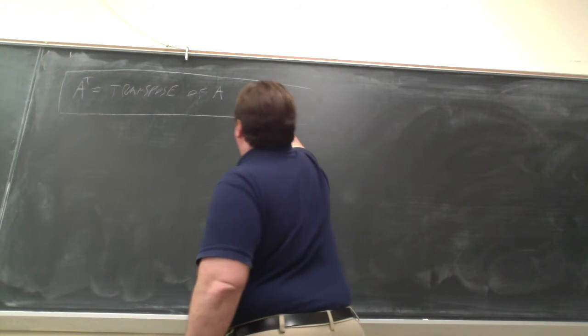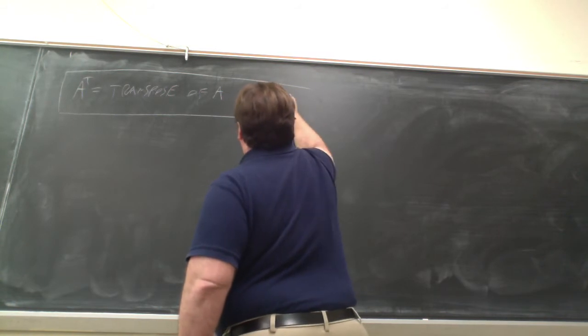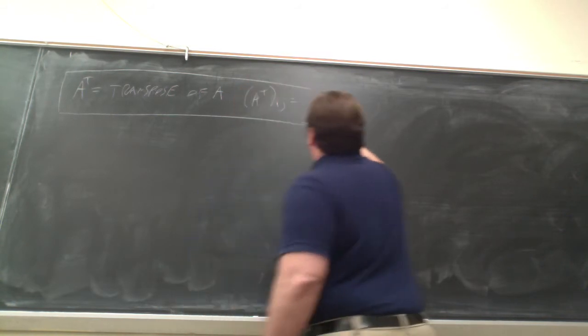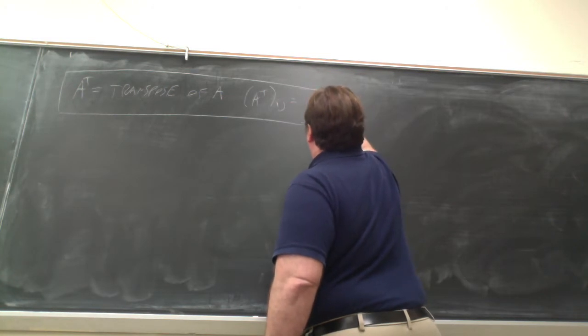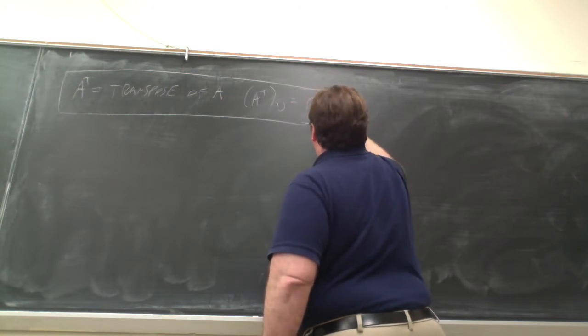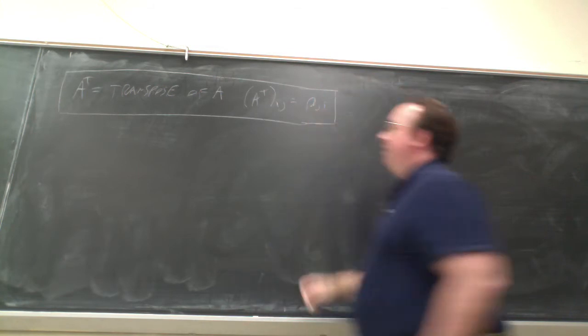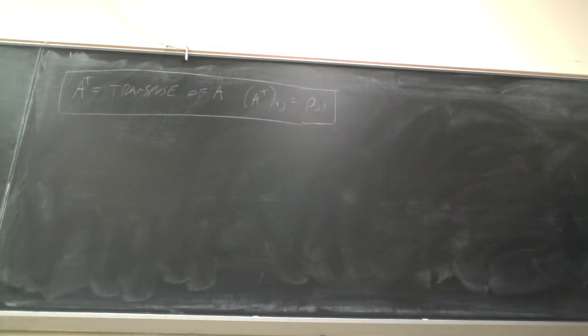I'm trying to box important things for the benefit of your notes. So the ij entry of A transpose is just A ji. So you're just swapping the indices. And this is true for any kind of matrix. It doesn't have to be a square matrix.